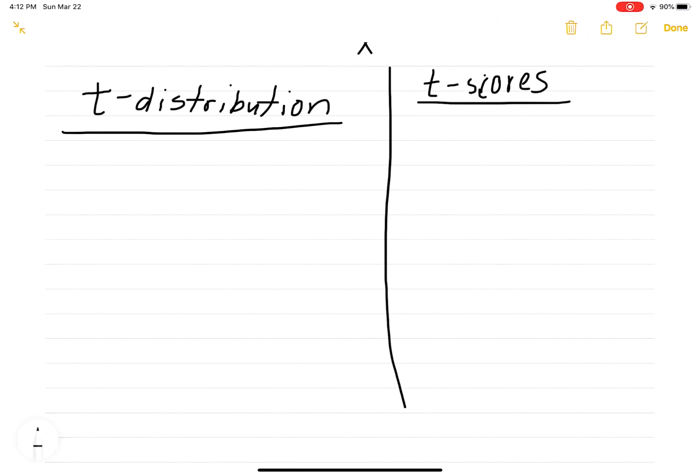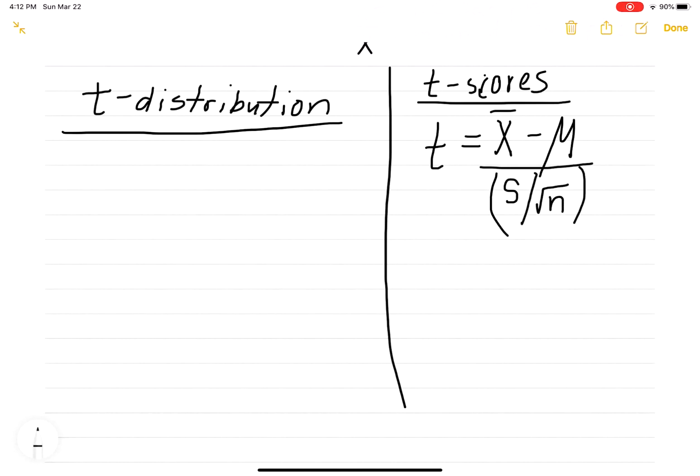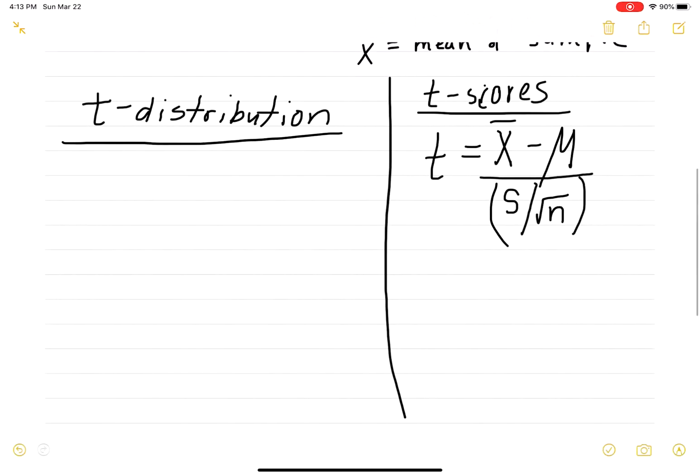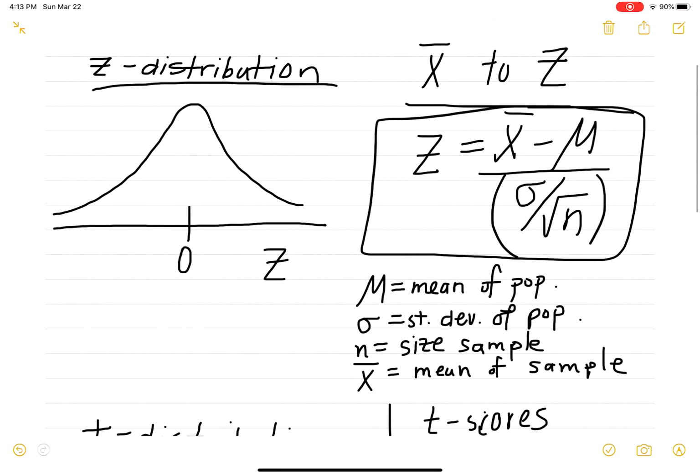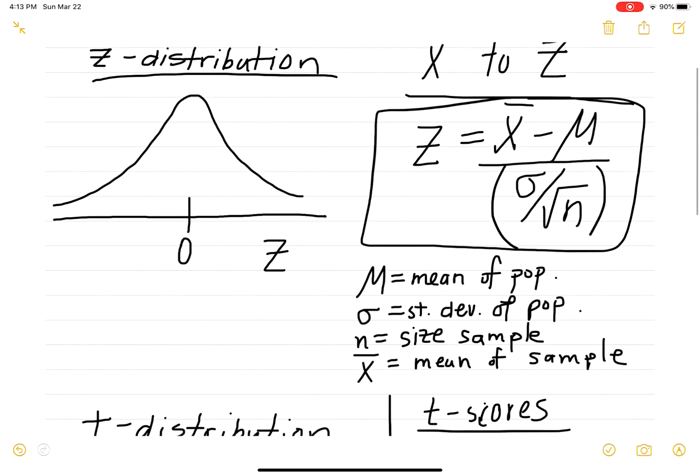To get a t-score, which we'll call t, we're going to take a sample mean from a distribution of sample means, subtract the population mean, divide by the sample standard deviation, which we call s, and then divide that by the square root of the sample size n. So this formula looks a whole lot like the formula for the z-score when you're converting from a sample mean to a z-score.